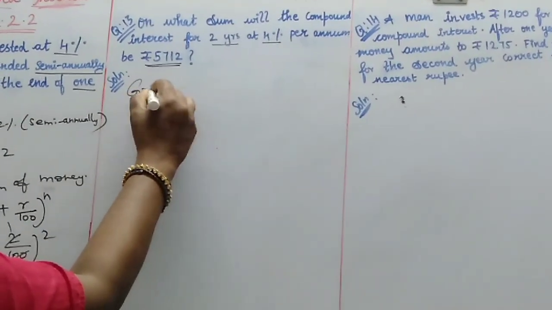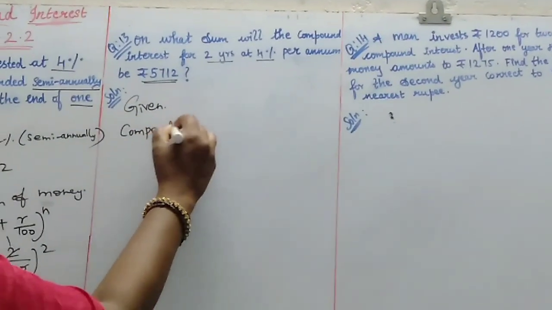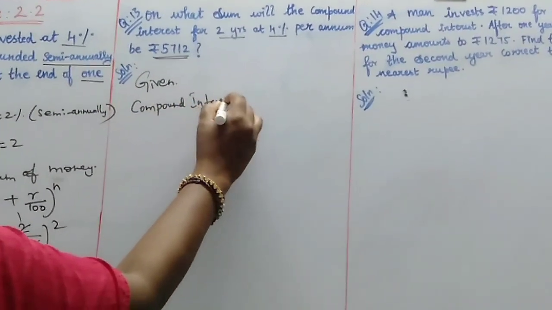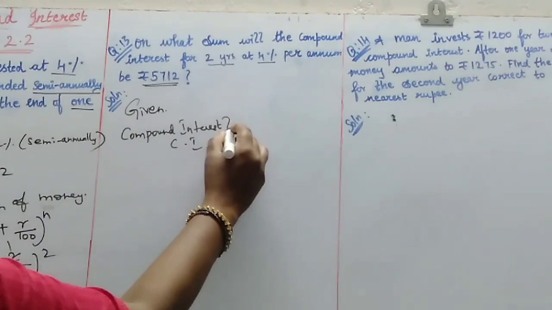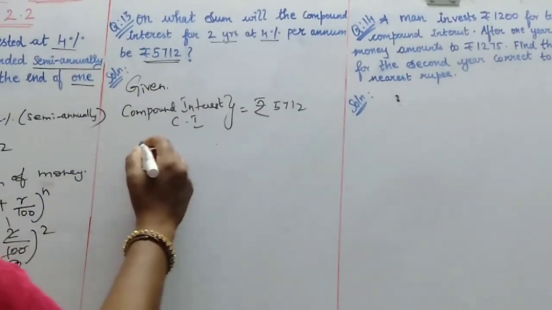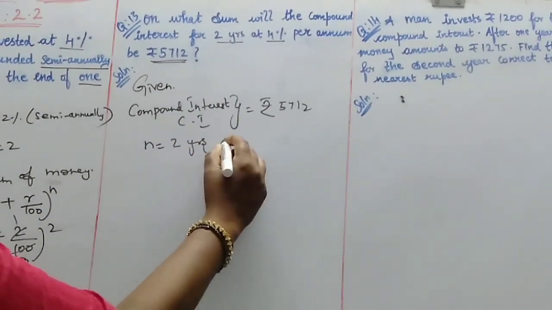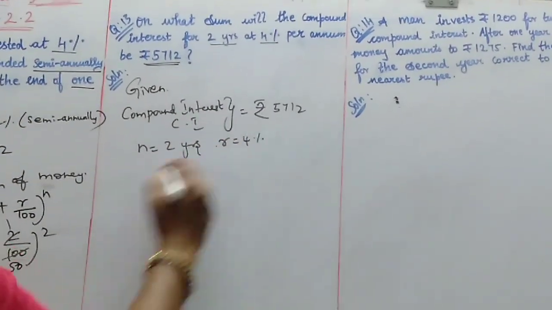First, what is given, we can write it. Compound interest CI equals rupees 5,712, and n is equal to 2 years, R equal to 4%.